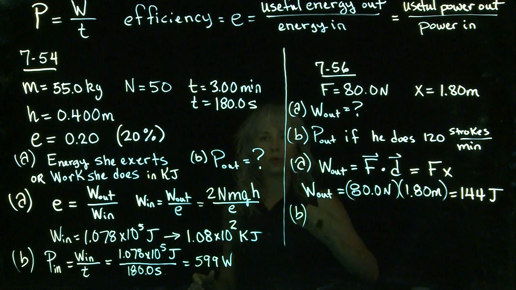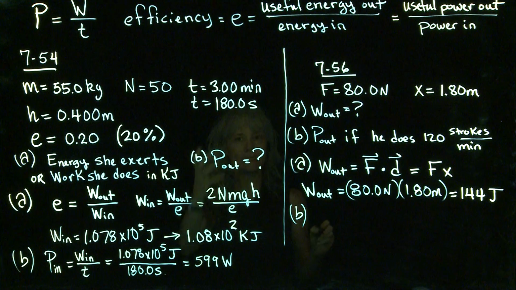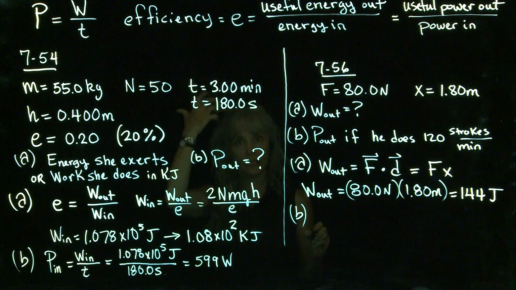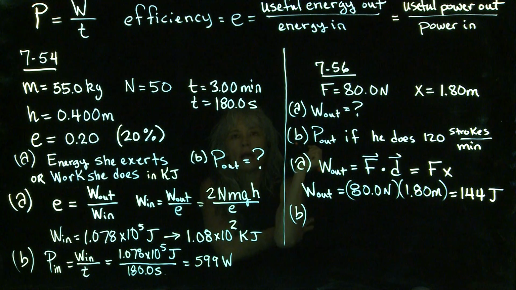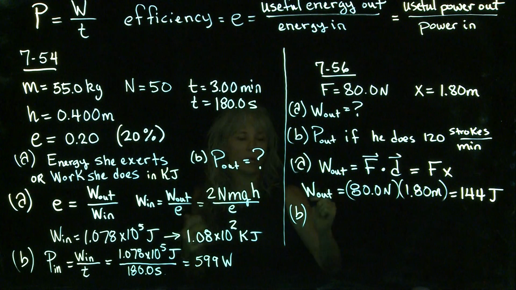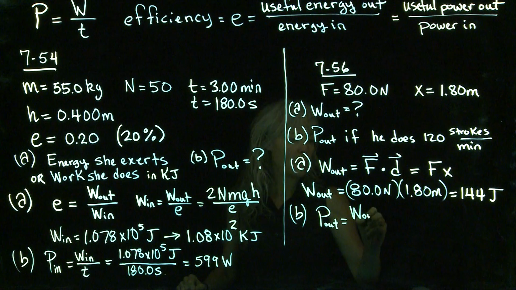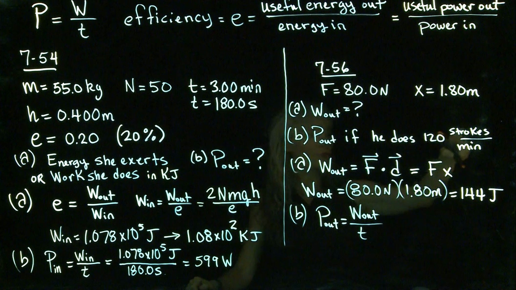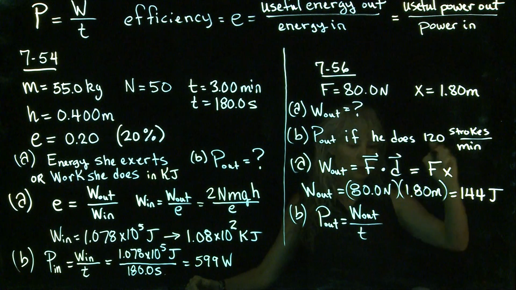And then in part B, we want to know the power out. This is not how powerful he is, because remember, he's still having to sustain his brain function and his organ function, as well as his swimming. So we're just looking at the quote unquote useful power as far as getting from one end of the pool to the other. So the useful power, or the power out, is going to be equal to the work out divided by the time. We're told the rate at which he's completing strokes.